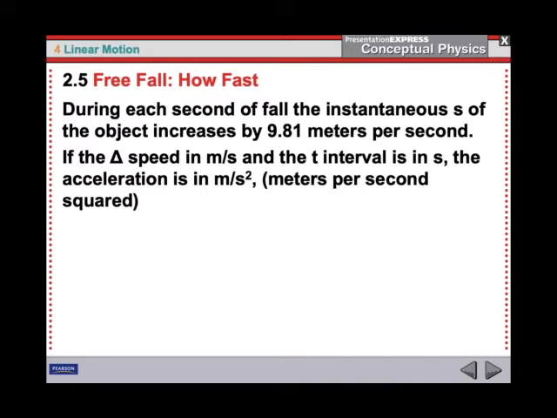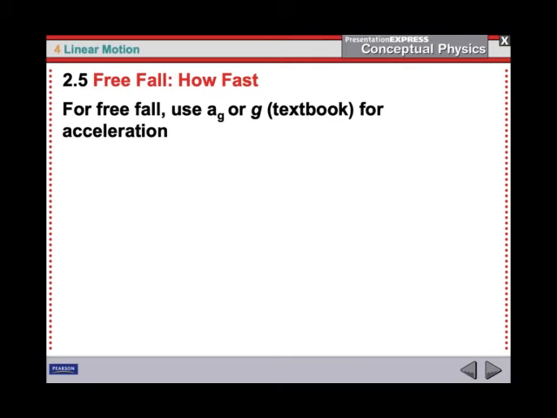So if the change in speed is in meters per second and the time interval is in seconds, then the acceleration is in meters per second squared. For acceleration due to gravity, there are a couple of different ways they write it.